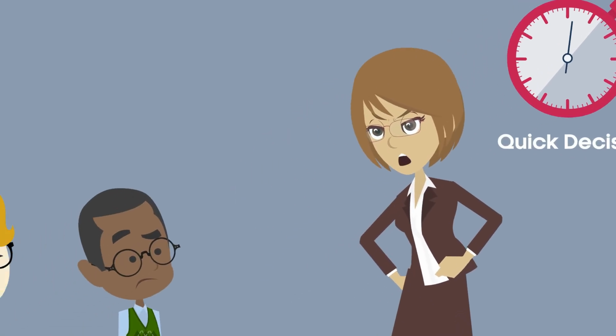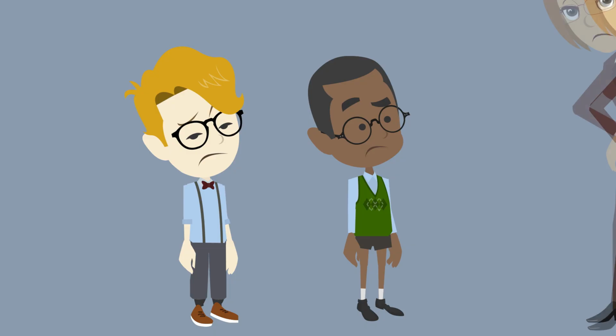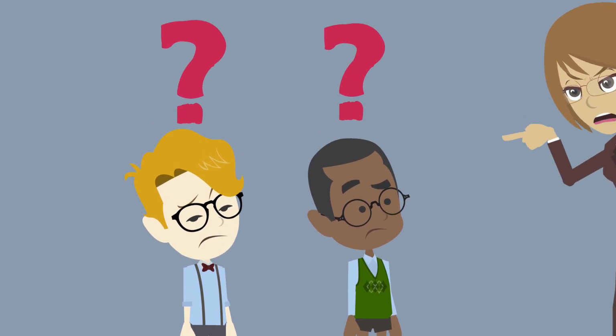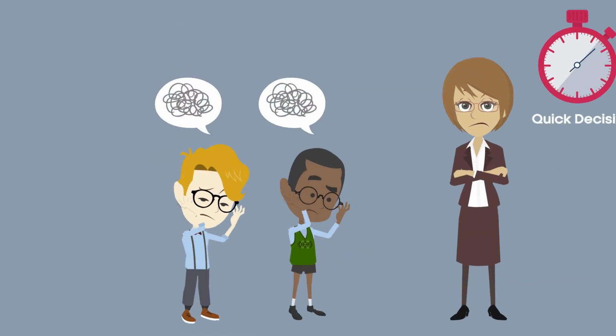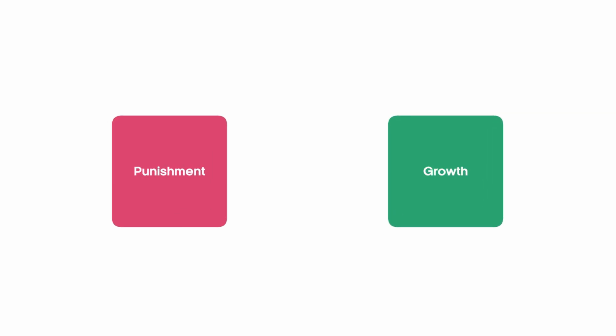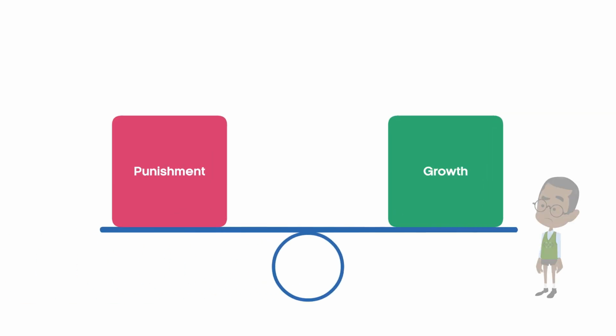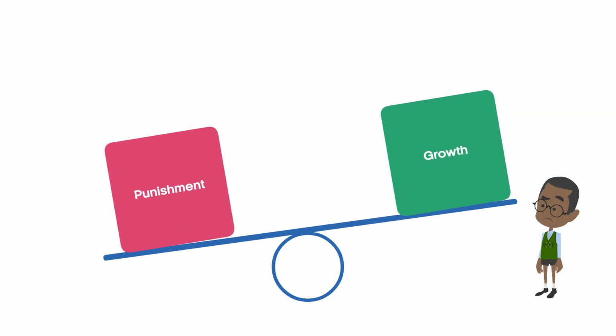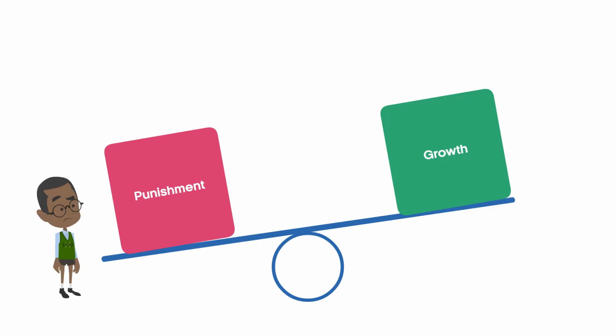Furthermore, the quick authoritative solution may fail to address the underlying issues that contributed to the conflict, leaving them unresolved and potentially leading to future tensions. Over time, students may become resistant to teacher intervention, seeing it as a punitive measure rather than a helpful tool for personal and social growth.